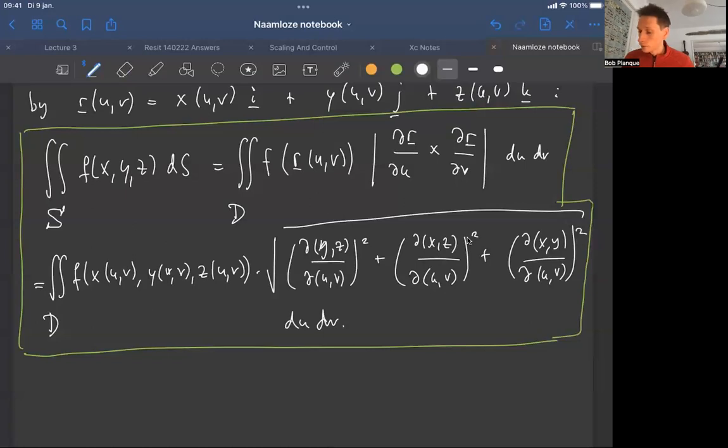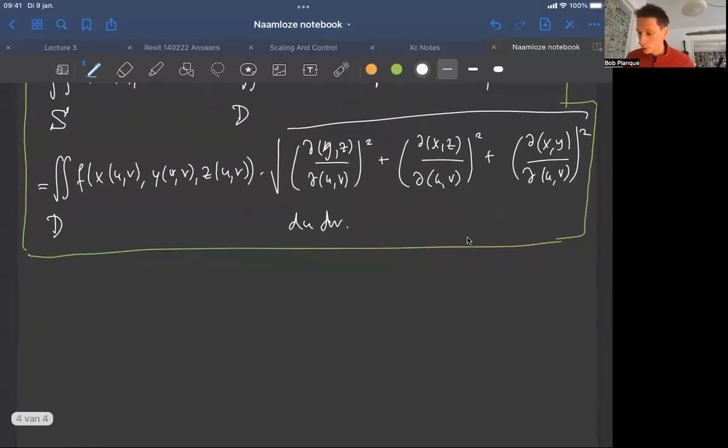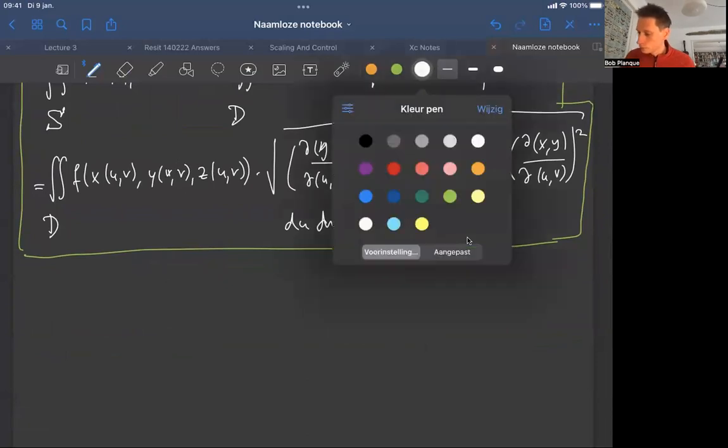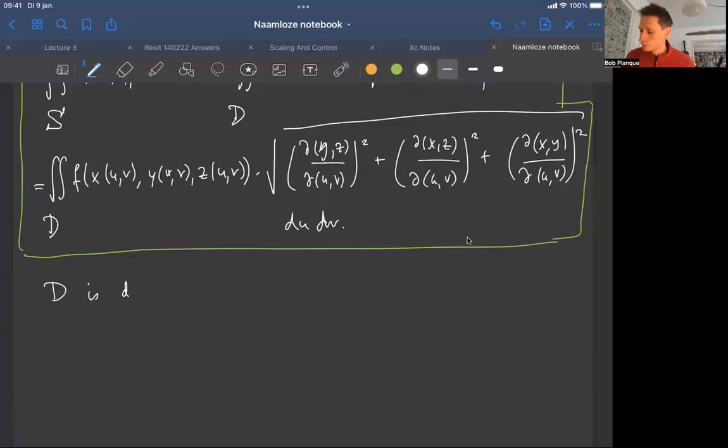And so then you have to remember those transformations from Calculus 2. I will be reviewing a few of those without explaining them in detail because they were already done over there. Yeah, so D is the domain of R.